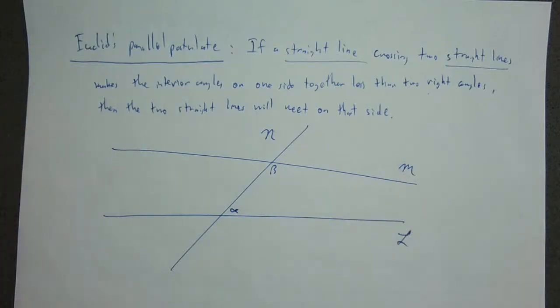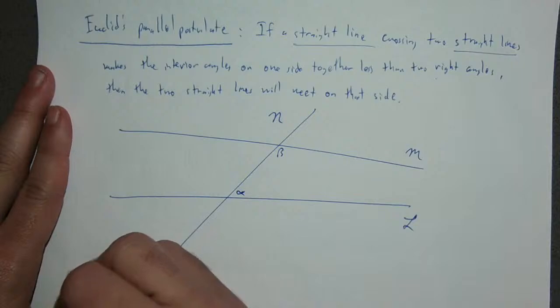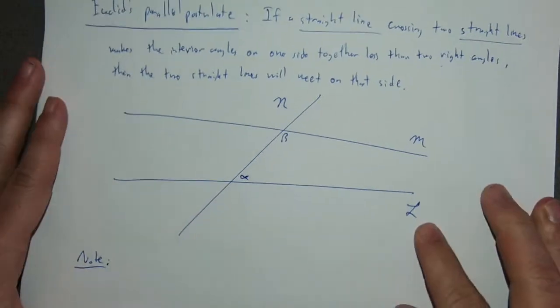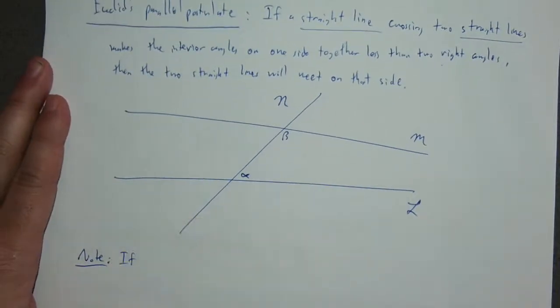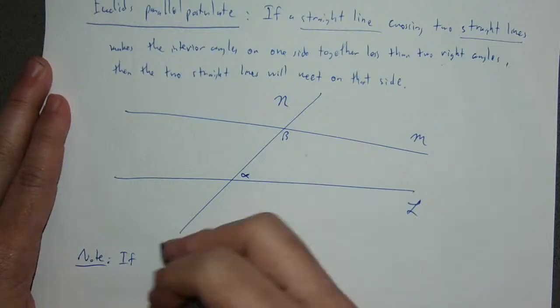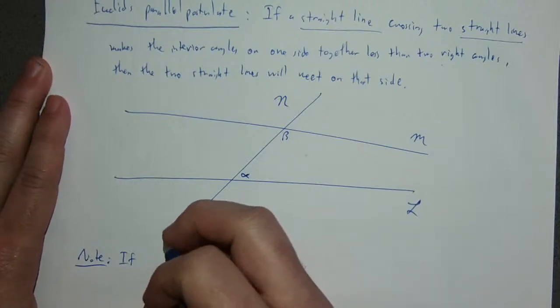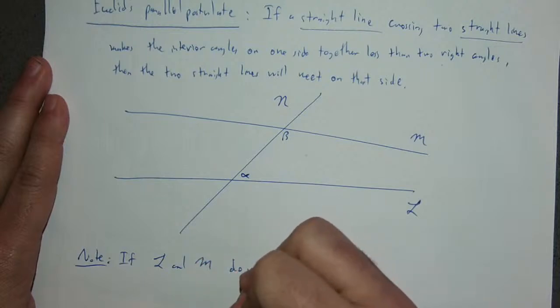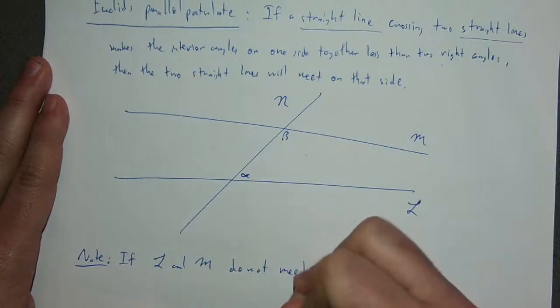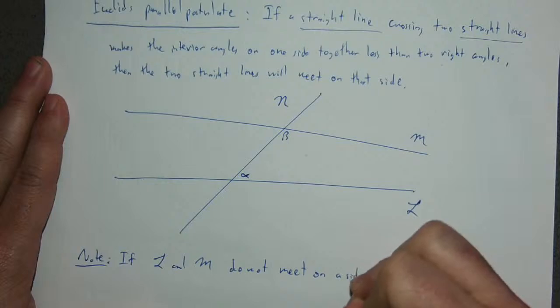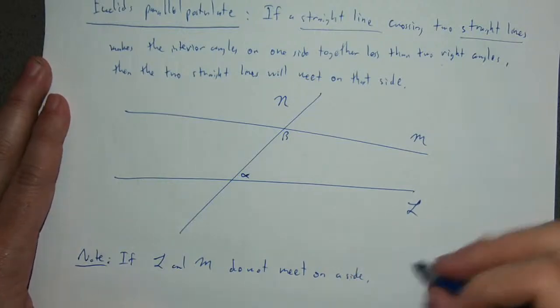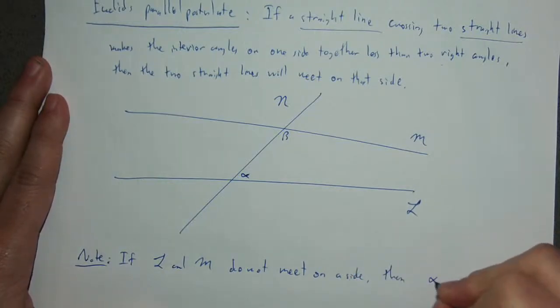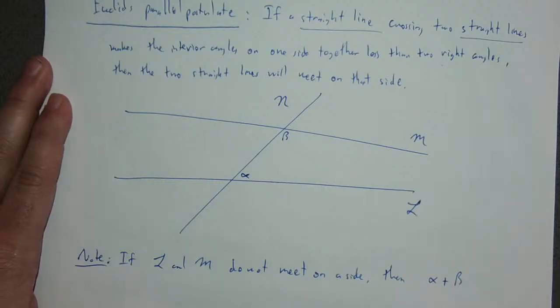So anyway, this is the picture. Note that if L and M do not meet on a side, then alpha plus beta is what?